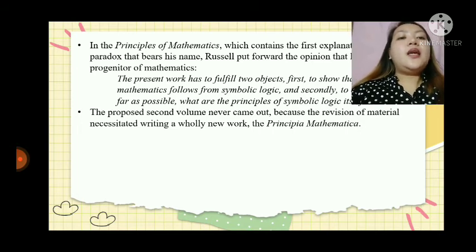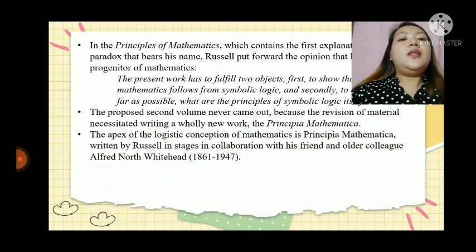The proposed second volume never came out because the revision of material necessitated writing a wholly new work, the Principia Mathematica. The apex of the logistic conception of mathematics is Principia Mathematica, written by Russell in collaboration with his first and older colleague, Alfred North Whitehead.